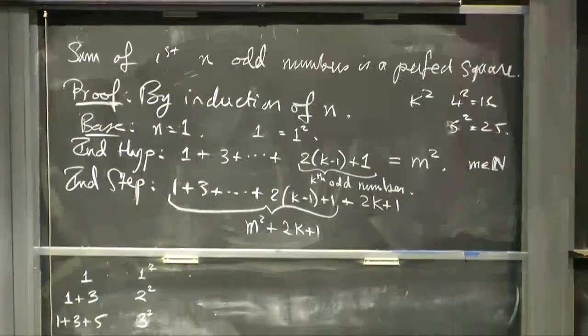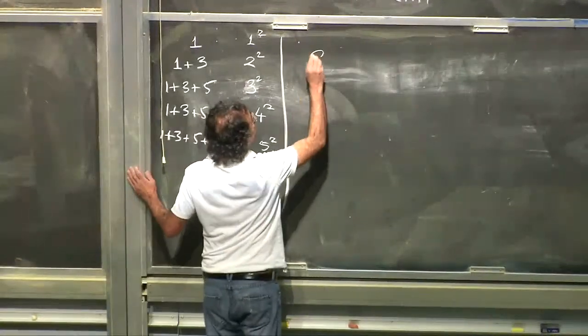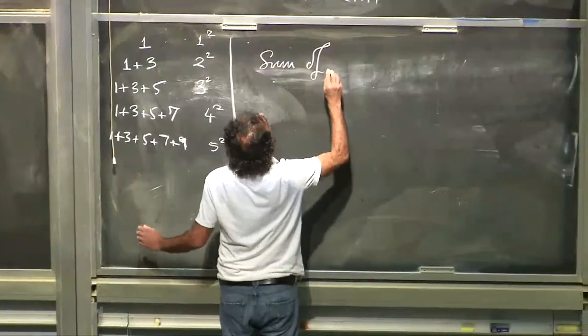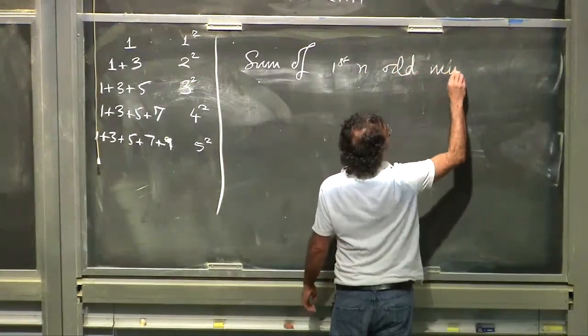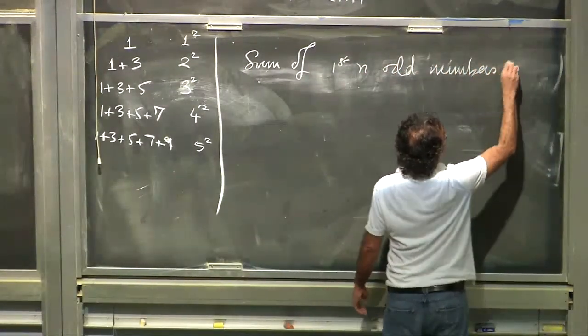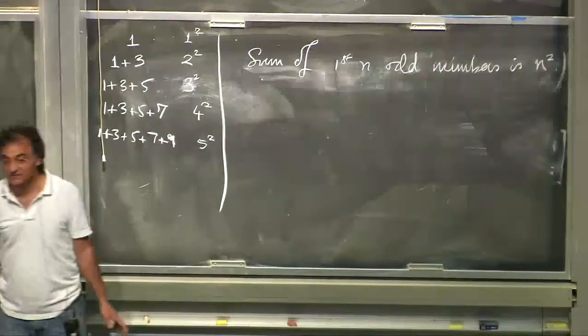Now the theorem that we are proving is the sum of the first n odd numbers is n squared. That's the theorem we're proving.